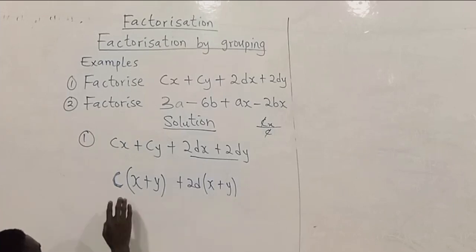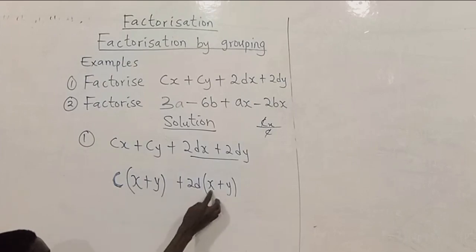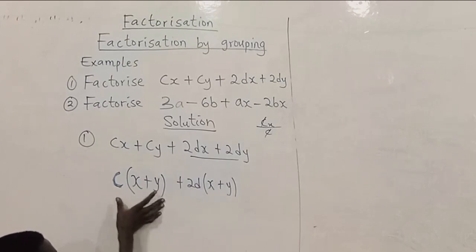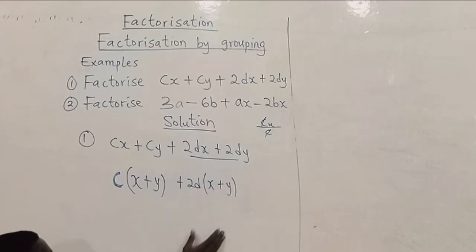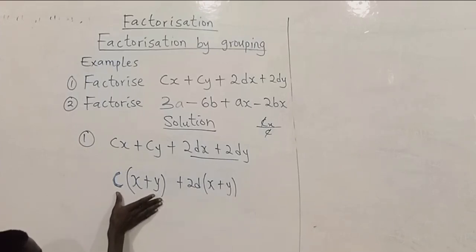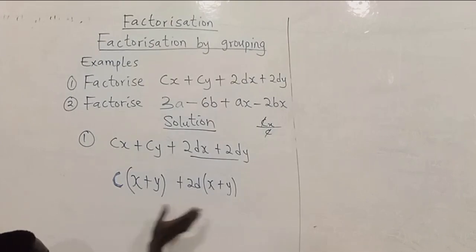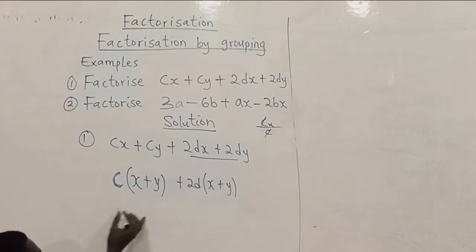We have x plus y, common to this term and to this term. So that is the HCF of this term and this term. The HCF is x plus y. So we bring the x plus y out.